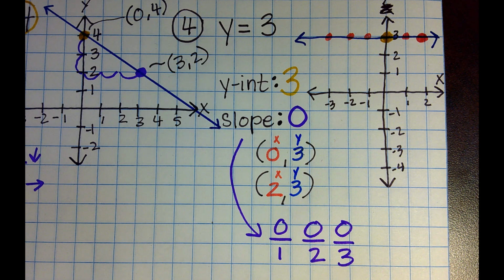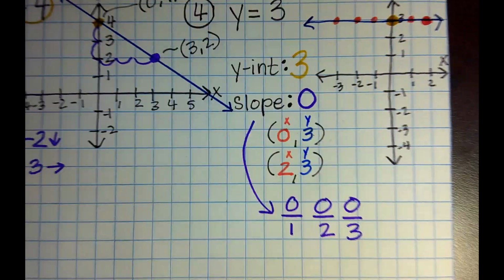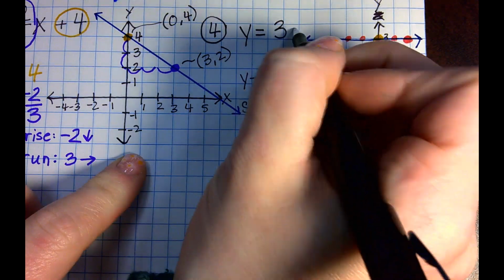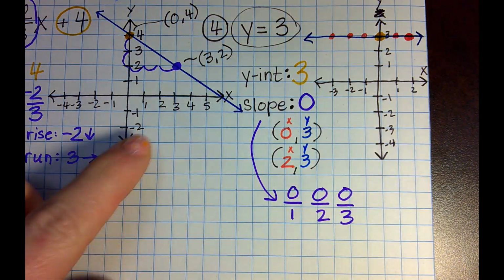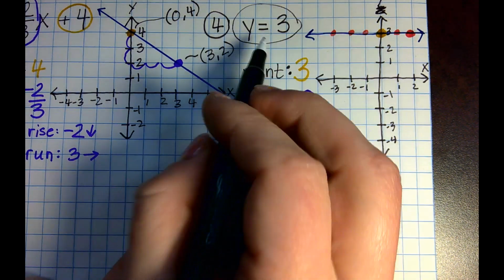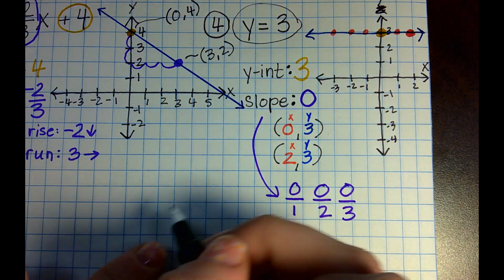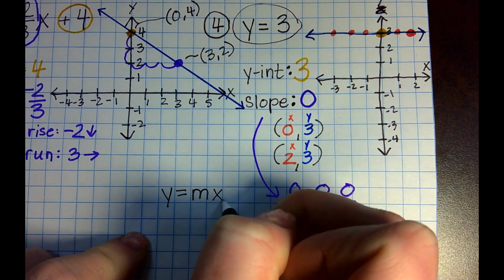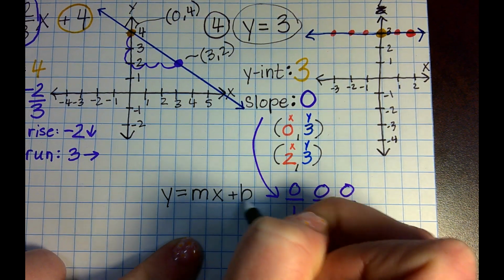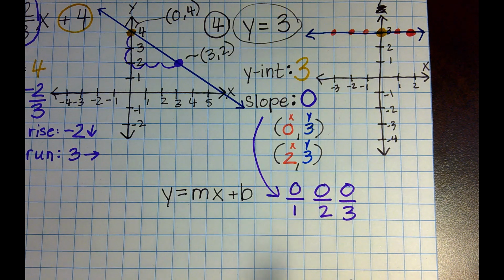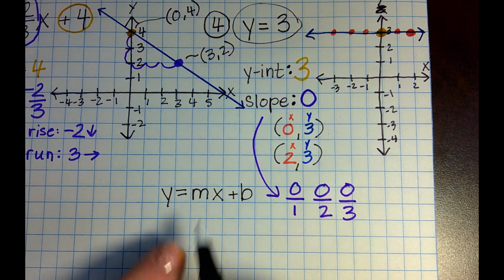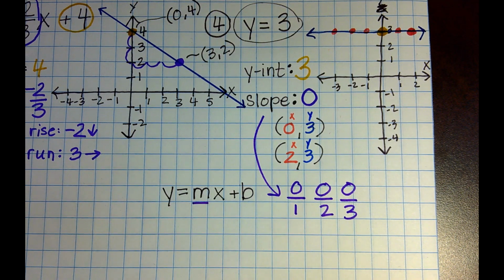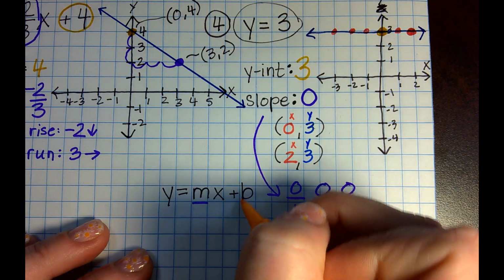Another way to think about how to reason this, I'm going to pull this up a little so we can see. Our original equation that I gave you is y equals 3. And let's think about what form this equation is. We've been learning about y equals mx plus b. This is our slope-intercept form, where m is the slope and our y-intercept is our b.